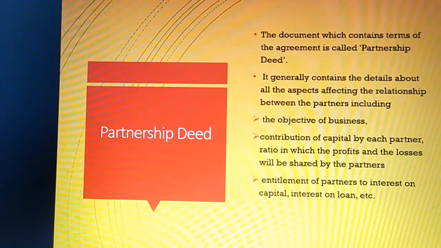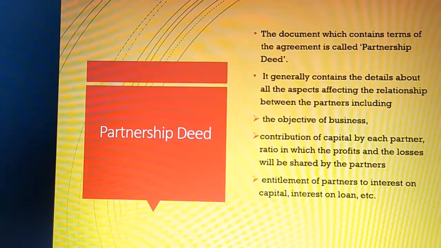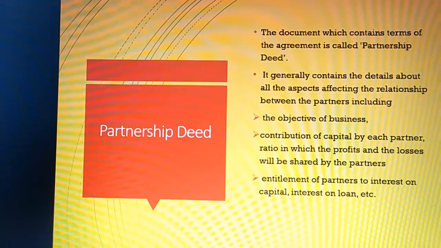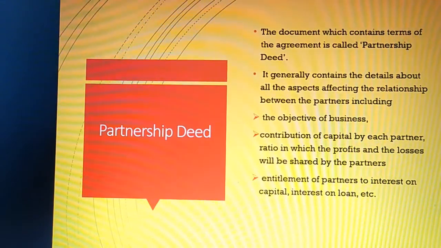And along with this, there will be many other details which will be constituted in the partnership deed. So it's a written document which contains the terms and conditions of the partnership.